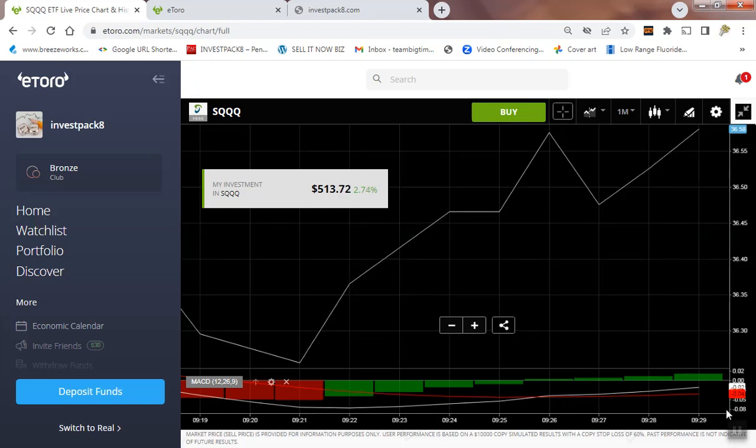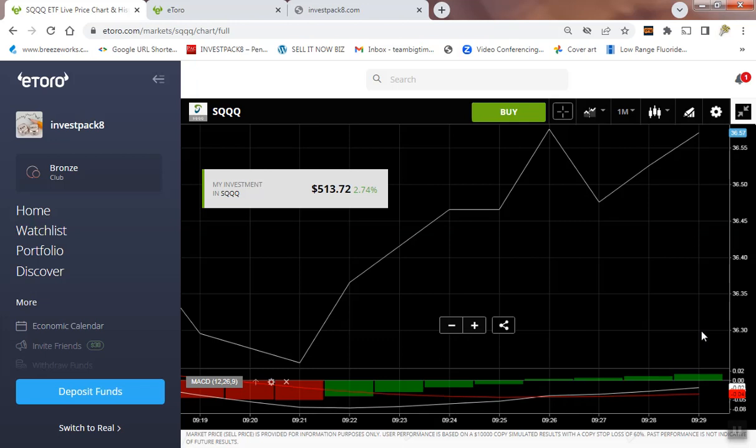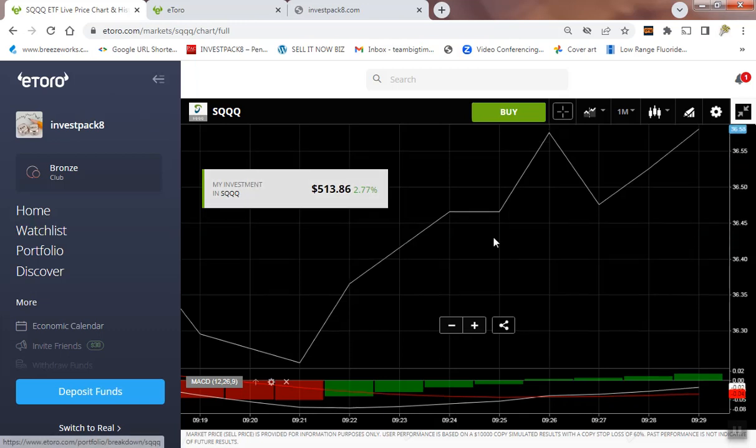Now, I cannot set it to sell when I'm doing option trading with eToro, but I can do that with E-Trade when you go there.